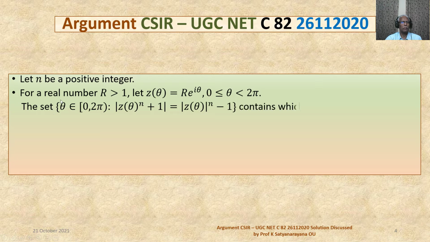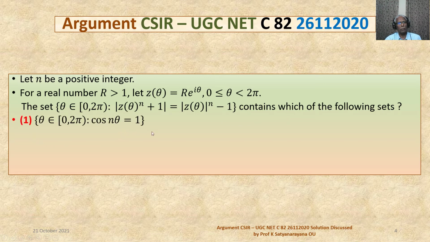The set consisting of theta belonging to the interval [0, 2π) such that |z(theta)^n + 1| = |z(theta)^n − 1| contains which of the following sets? The four options are given to us.